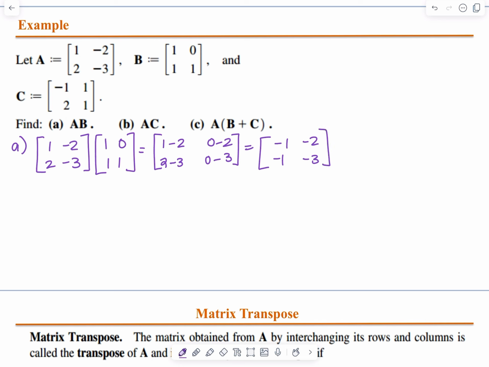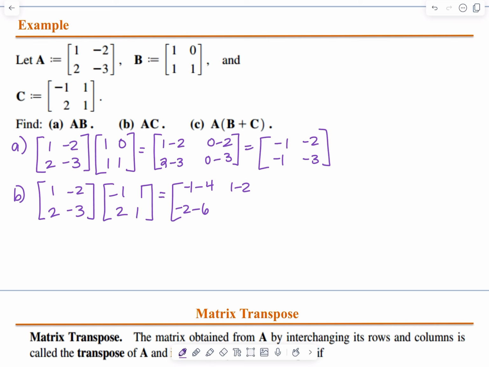Now, let's go ahead and find AC, that product. And we will do the same thing. And we come up with that product as -5, -1, -8, -1.